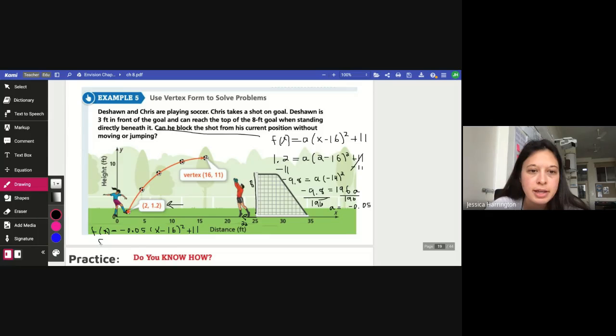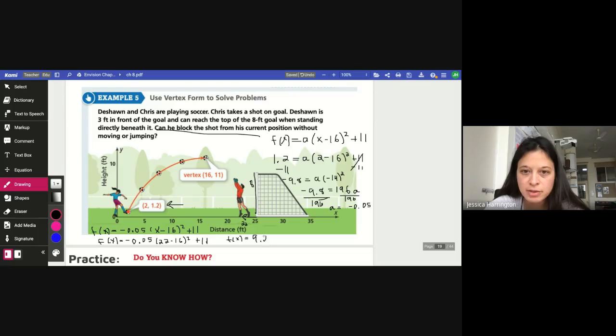So when I plug in x equals 22, negative 0.05 times 22 minus 16 squared plus 11. You'd put that all on your calculator: 22 minus 16, square it, times negative 0.05 and add 11. When you do that, f of x equals about 9.2.